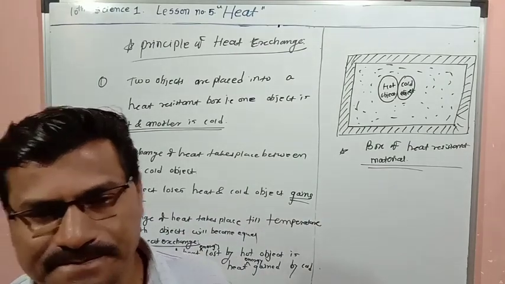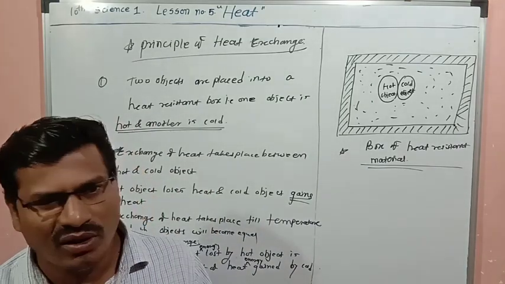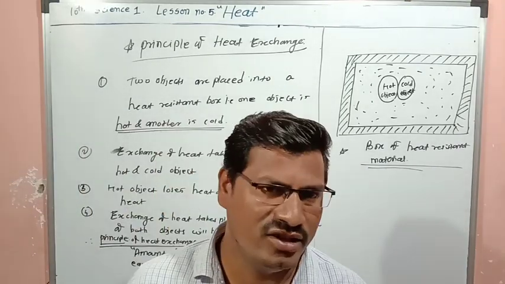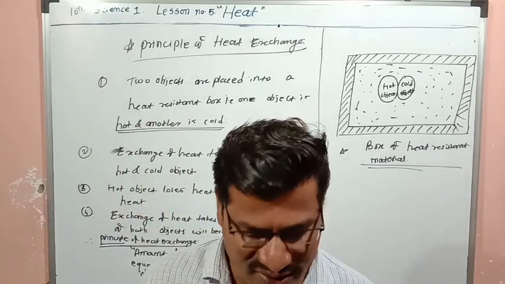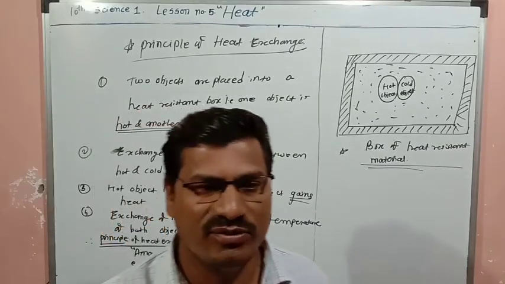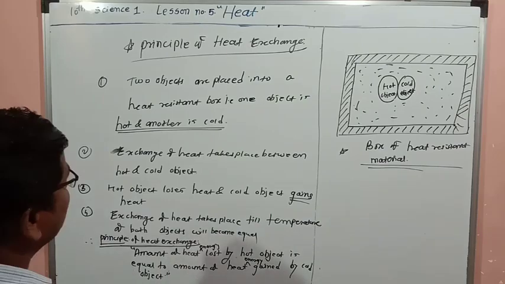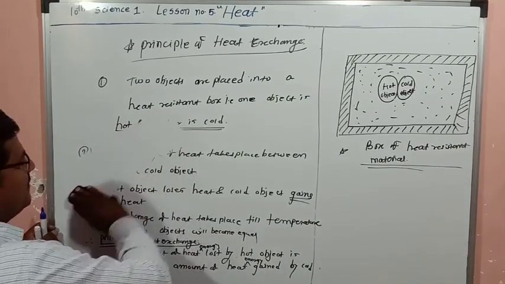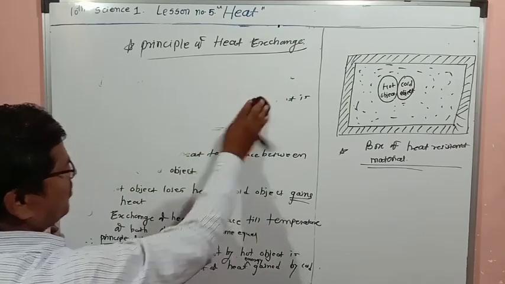So after this, the next point we have to study is exchange of heat and calorimeter: measurement of specific heat using a calorimeter, by the mixing method. So this principle you have to remember.